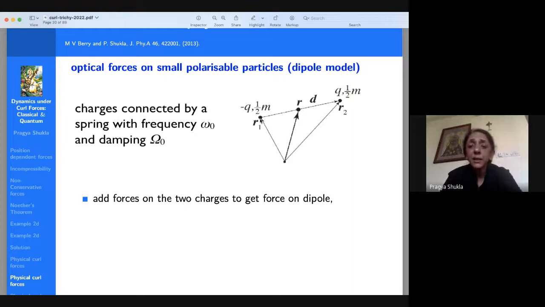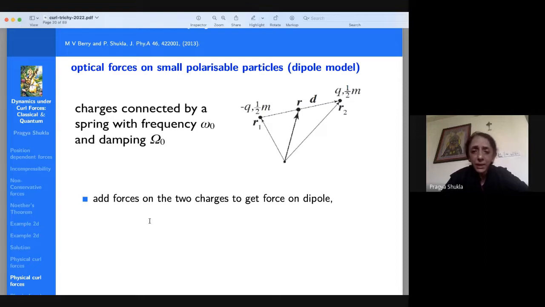A spring is connected to two masses, and this spring is subjected to damping. Now I want to consider the forces acting on the spring, or rather the center of mass of the spring, and how it is moving in the electromagnetic field. My basic idea is to show that the effective force will turn out to be a curl force. That's the main idea of this whole discussion.